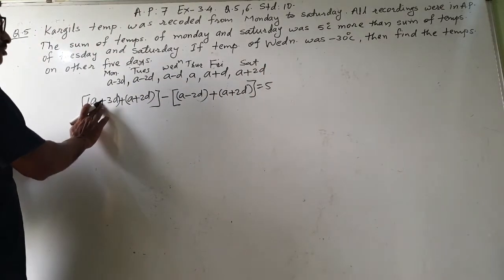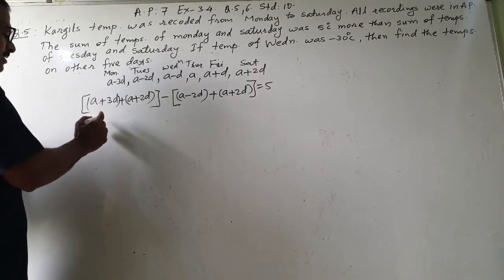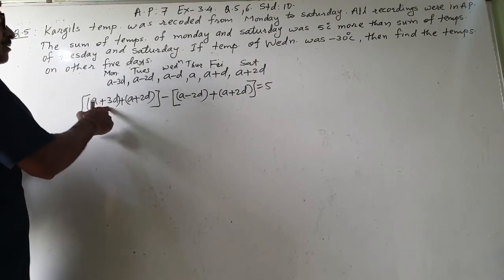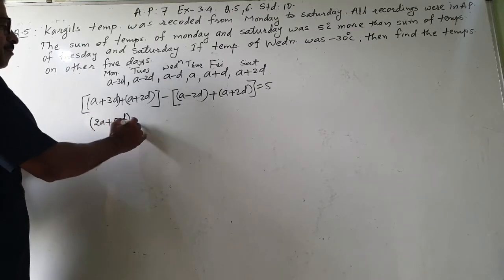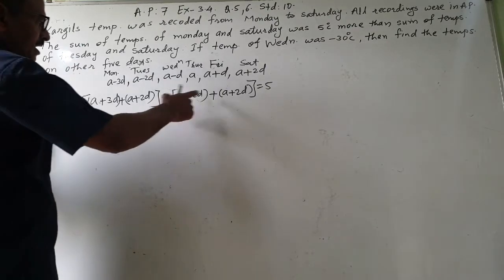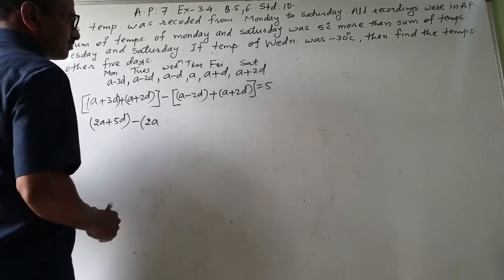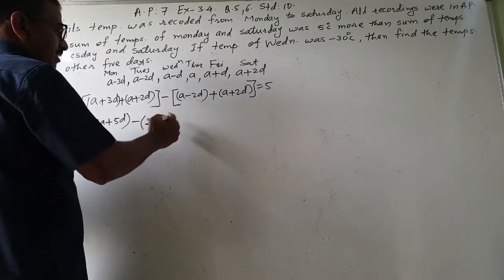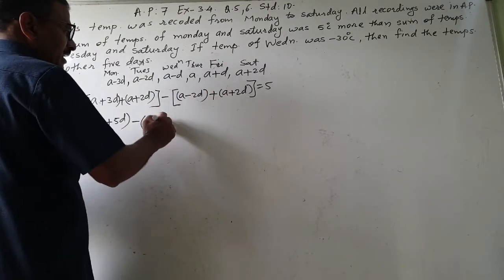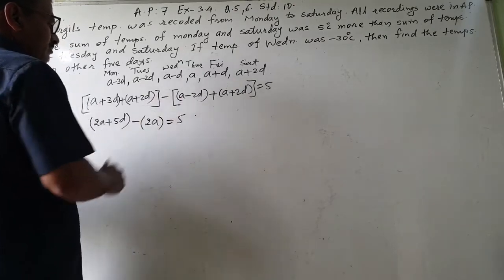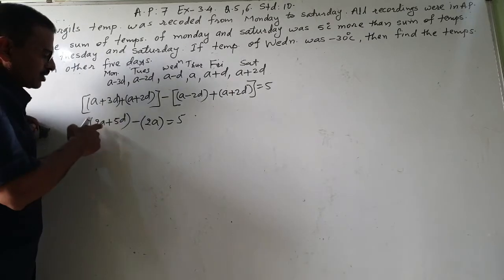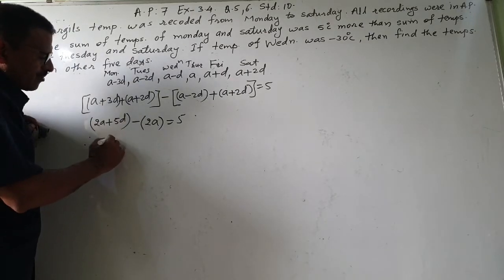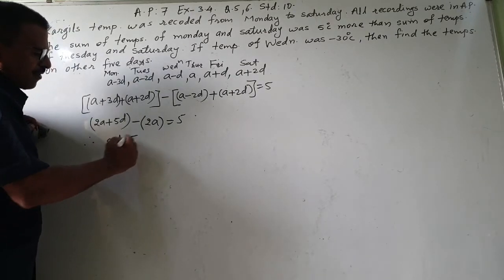This is also a way of solving. A plus A will be 2A. A minus 3D plus 2D is minus D. This A plus A is 2A, this 2D will cut, and that is equal to 5. Therefore, now open this. 2A will get cancelled. 5D is equal to 5.